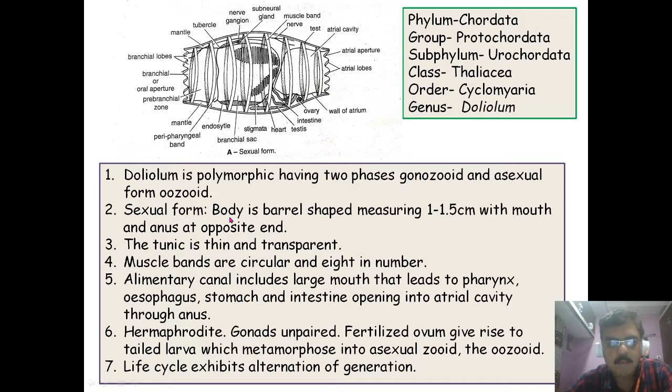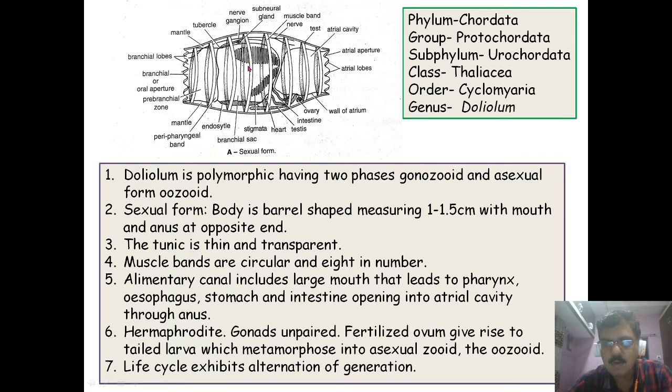The body is barrel shaped, measuring 1 to 1.5 centimeter, with mouth and anus at opposite ends. At one end there is a mouth. Here is the branchial or oral aperture, that is the mouth, and the anal aperture, that is the anus. So these are lying at the opposite ends.